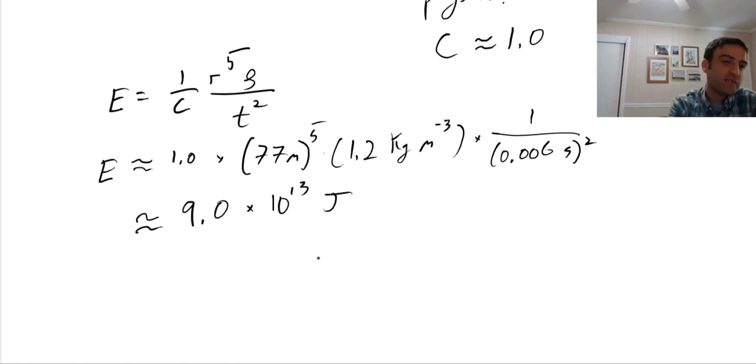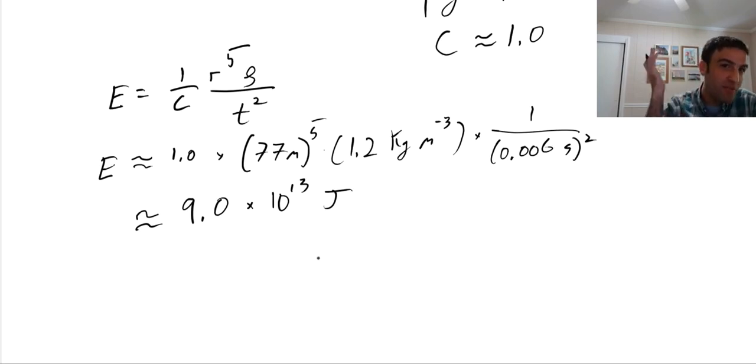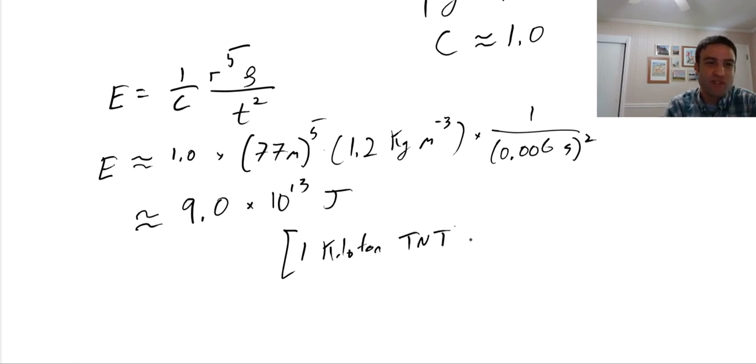And okay, the yield of bombs is typically not reported in joules, it's reported in how much TNT would create an equivalent explosion. It turns out that 1 kiloton of TNT, I always have to look this up because I don't care that much, is about 4.184 times 10 to the 12 joules.